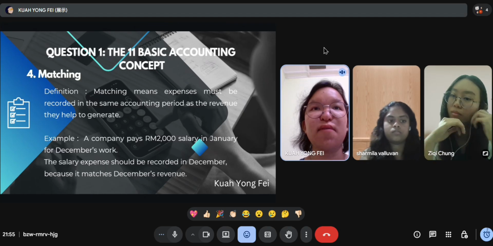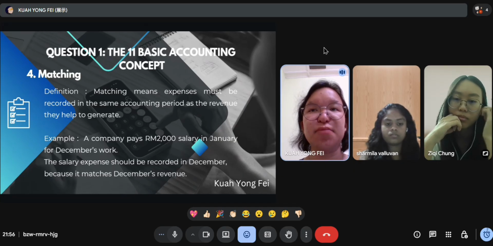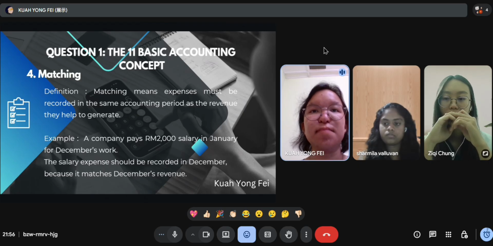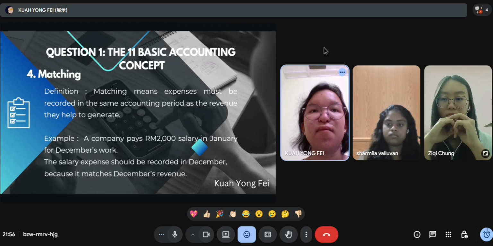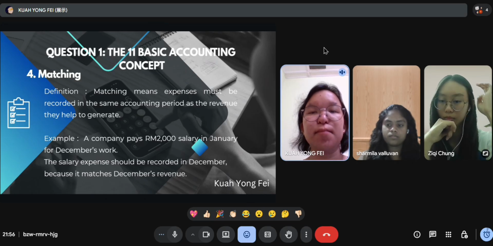The definition of matching means expenses must be recorded in the same accounting period as the revenue that they helped to generate. For example, a company paid 2,000 salary in January for December work. The salary expense should be recorded in December because it matches December revenue.